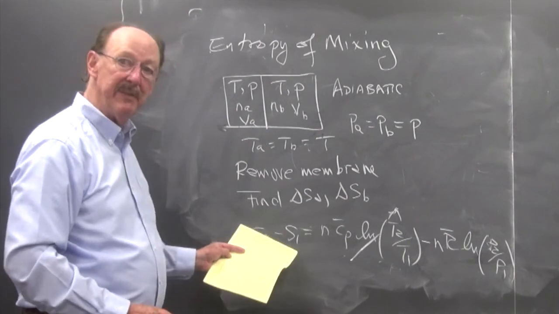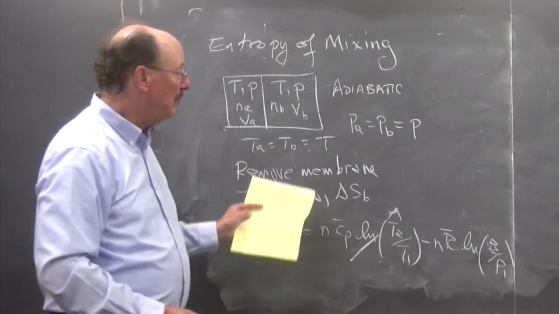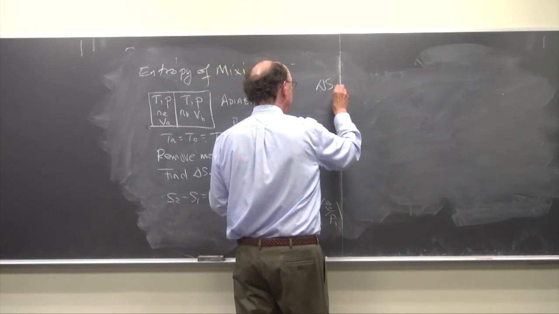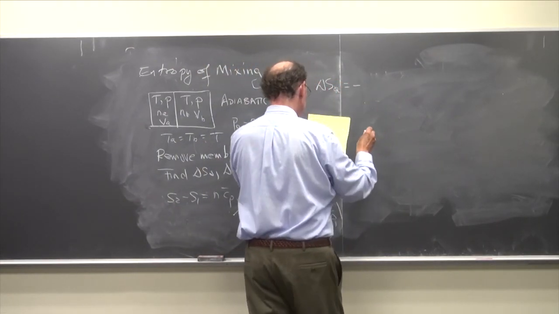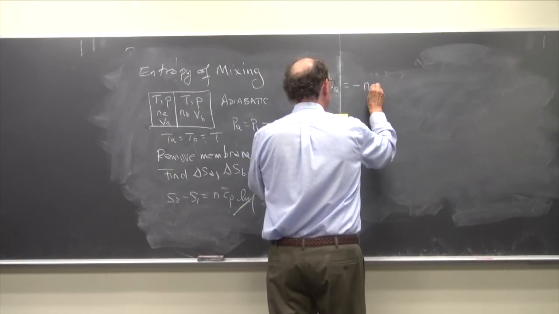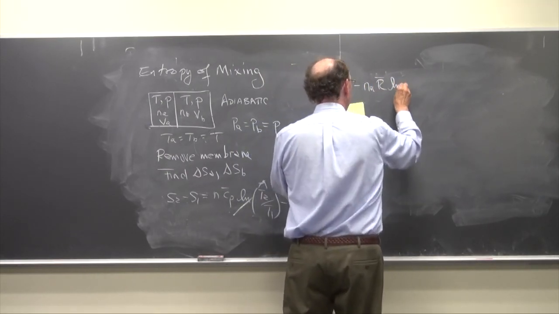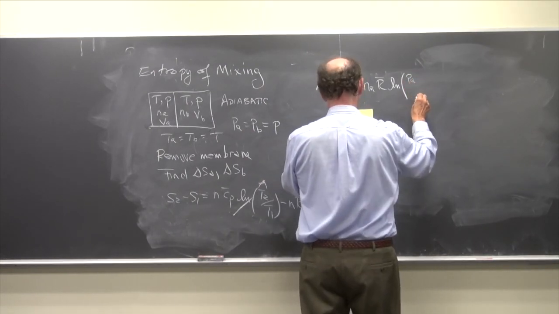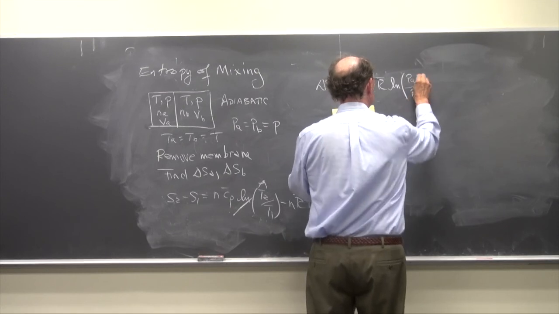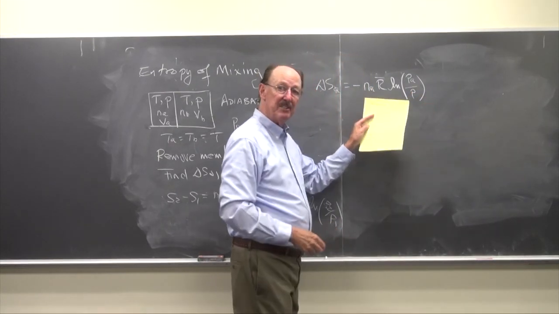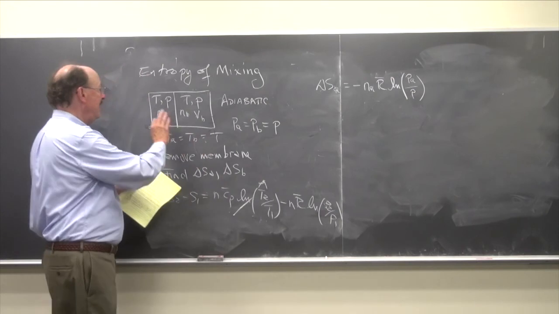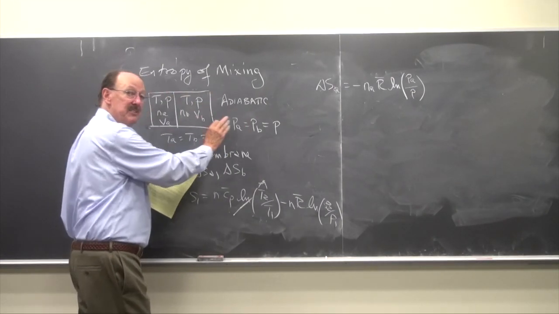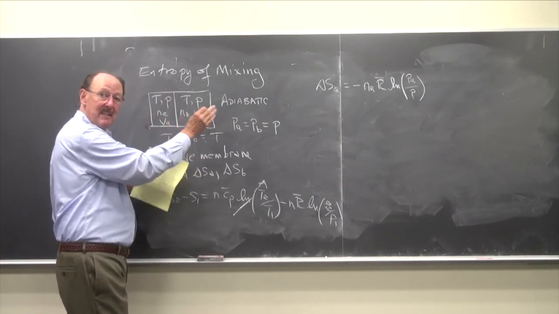So now I'm going to evaluate the change of entropy for the A molecules. So I'll have delta S A is equal to minus Na R bar times the log of PA over P. So this PA is the final pressure. Now these gas molecules have gone everywhere, so PA is the partial pressure of the total pressure.